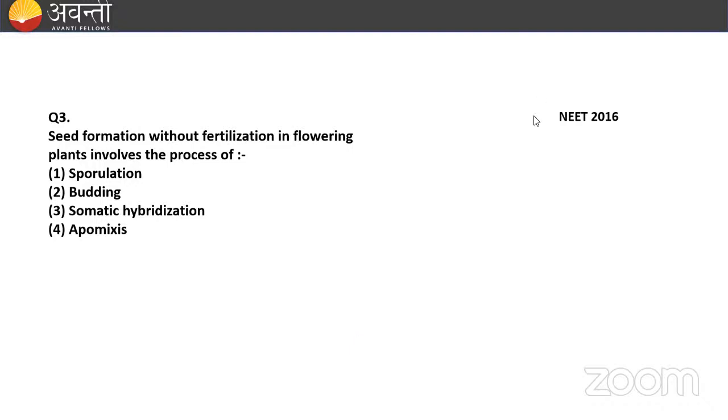Very good. All of you have answered it correctly. That is fourth, which is option apomixis. So seed formation without fertilization, that process is known as apomixis. Apo means without, and mixis is for fertilization.